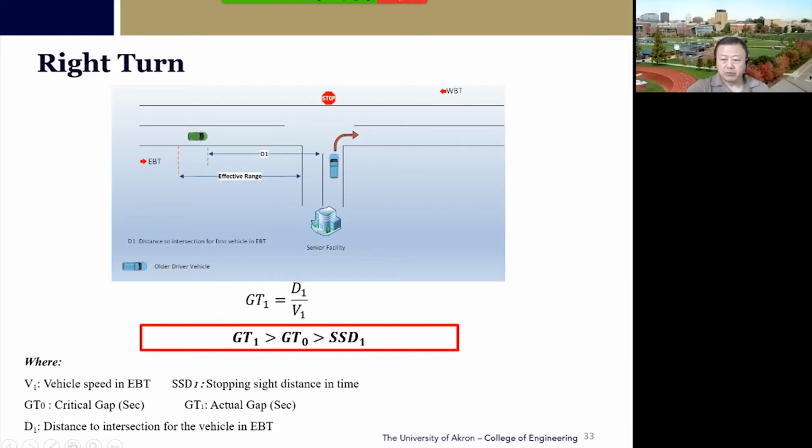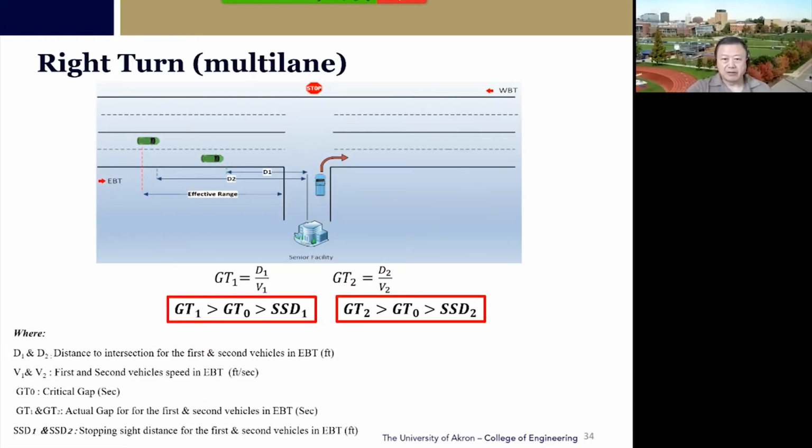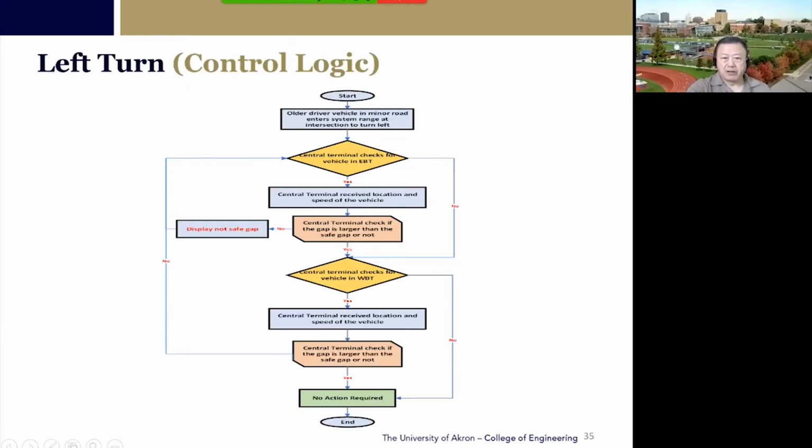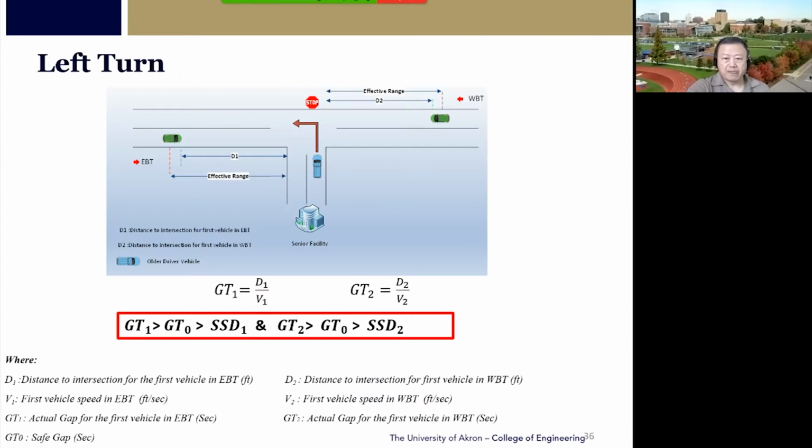Now, in many cases we do not have just a single lane, we have multiple lanes. In the case of multi-lane, we have to check every lane. You can see there are two equations that have to be satisfied. And for the left turns, this is the control logic. It's a little more complex, simply because we have vehicles coming from the left and from the right.